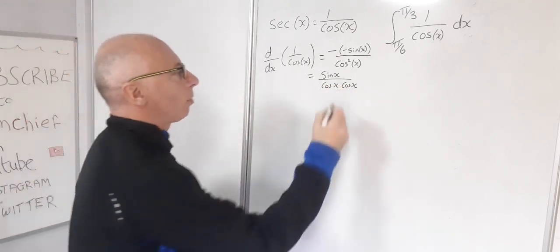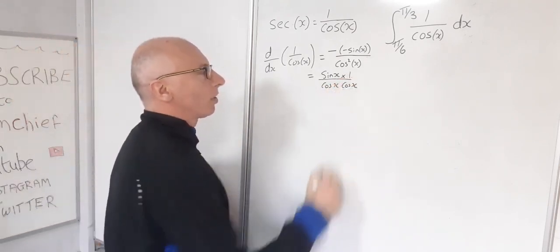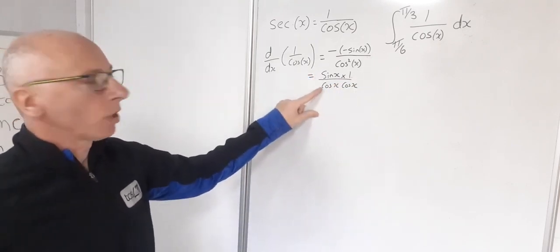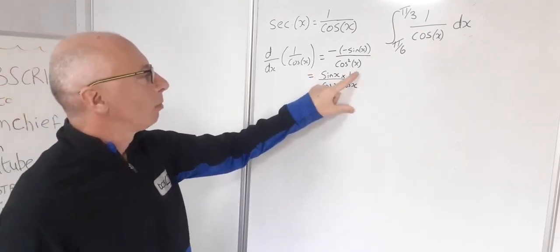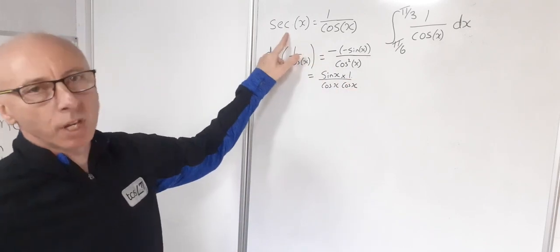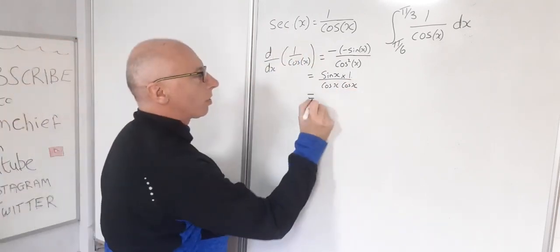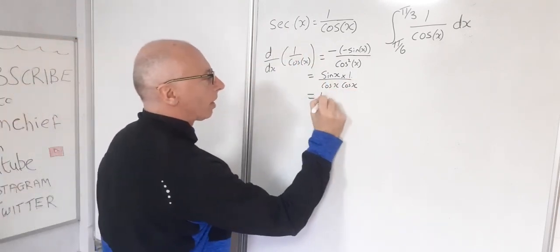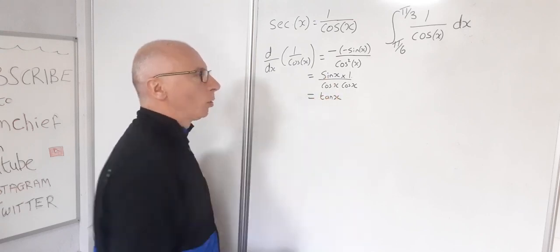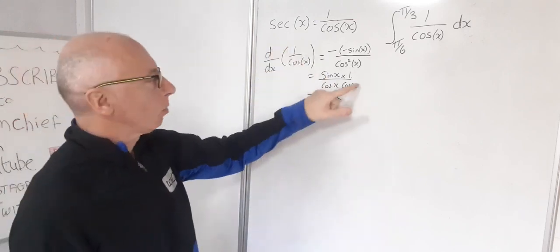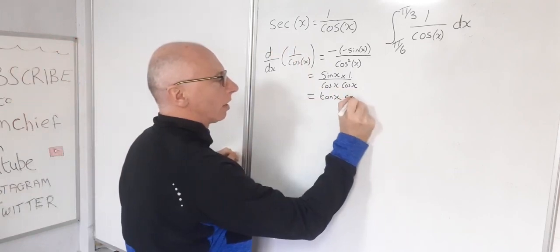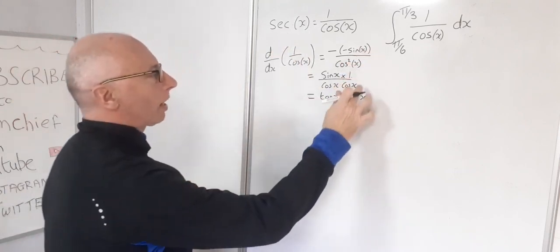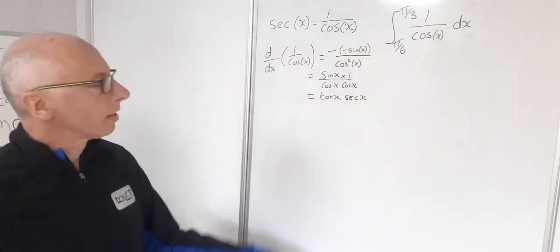So splitting this up, we could do times 1 on the top. So now we've got tangent here multiplied by 1 over cosine, which we know is secant. It's equivalent to tangent x multiplied by our secant x, 1 over cosine x. And that's still the same in all three lines.